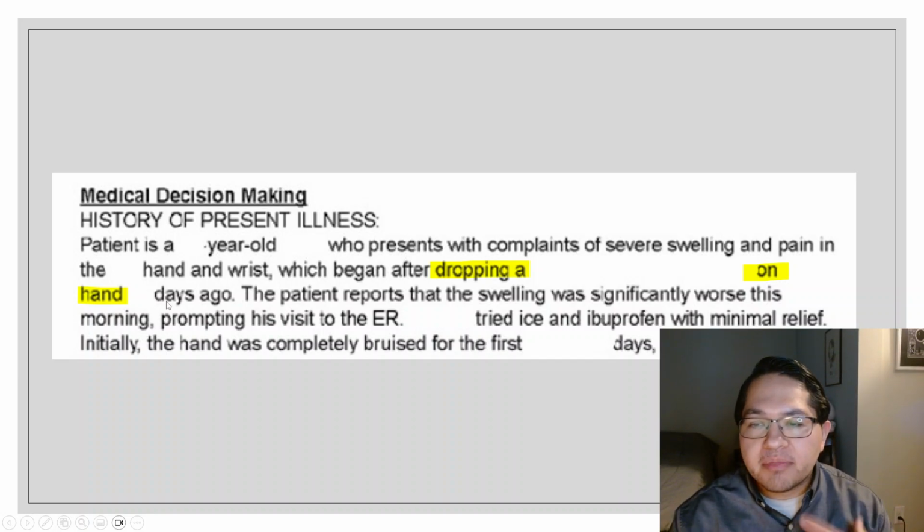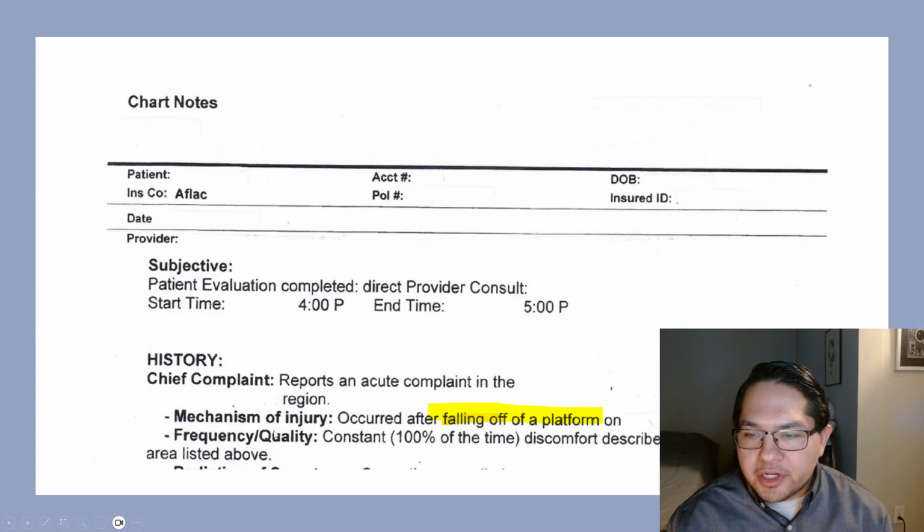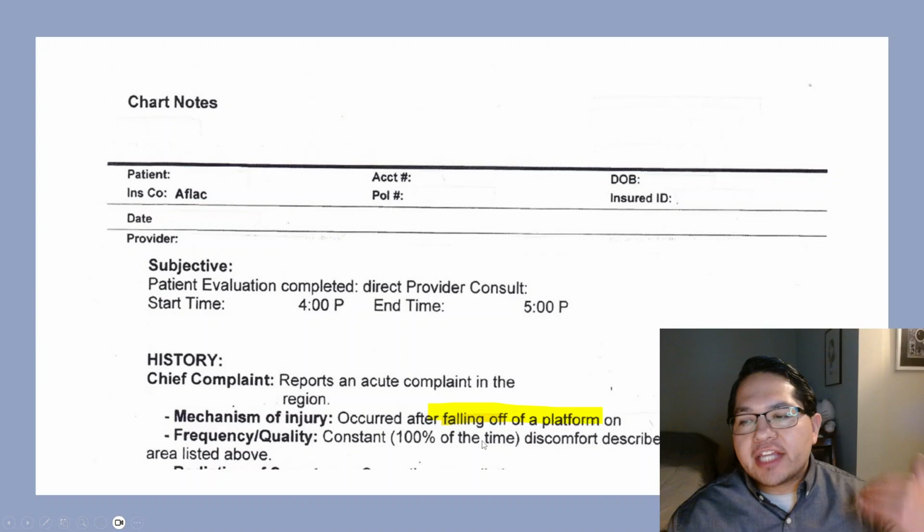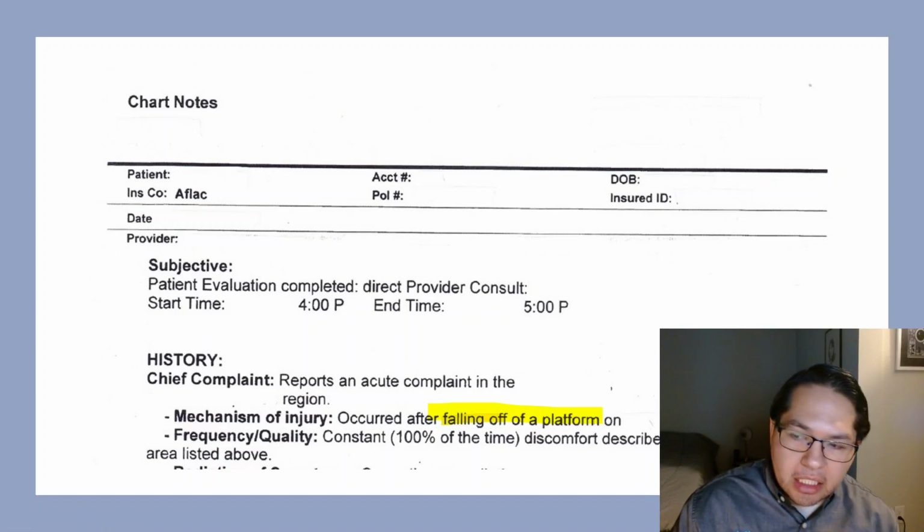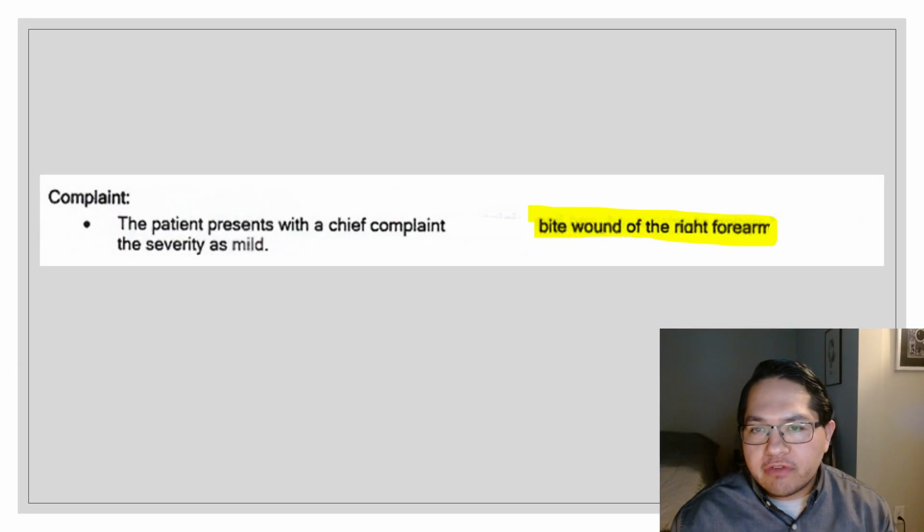You were in motion, you were doing something and you hurt yourself, that's an accident. Another one: "occurred after falling off a platform on a certain day." This describes that you were in motion, falling, and you hurt yourself.